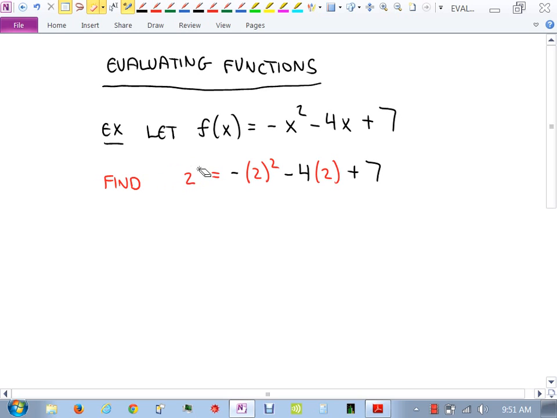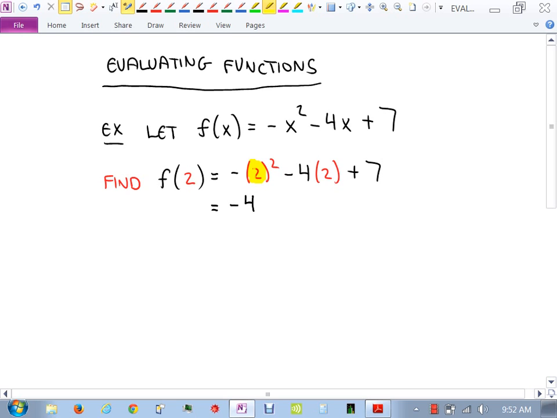So what is 2 squared? You get 4, but then there's a negative in front, right? So it's negative 4 here. The important thing to notice is I put that 2 in parentheses, didn't I? And that's because the squared happens before the negative in front.